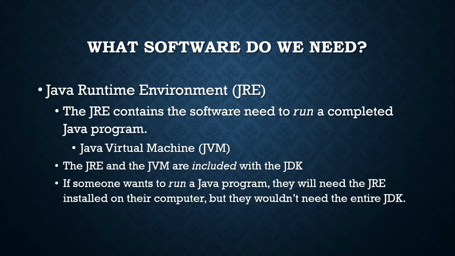So since all those operating systems can have Java Virtual Machines on them, that means they can all run Java. All those things are included with the JDK. If your friend wants to run a program you wrote, they'll need the JRE installed on their computer, but they don't necessarily need the entire Java Development Kit, the JDK.